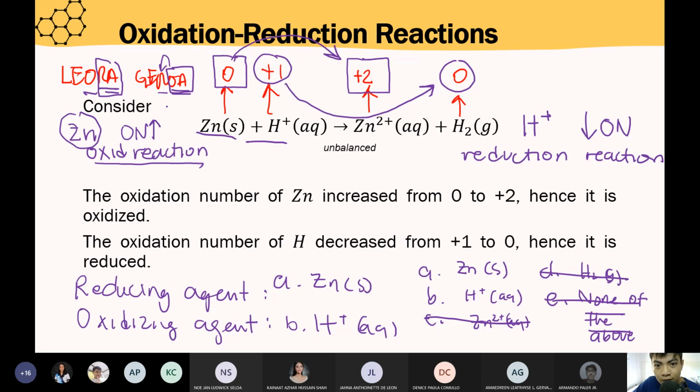Kung sino man nag-undergo ng reduction reaction, tawag sa kanya, oxidizing agent. Okay? So don't worry, we will have some more exercises later. Okay? But for now, I will proceed with the next slide na lang. Okay? Later, marami tayong examples. So, mamaya. So, punta muna tayo sa next slide.